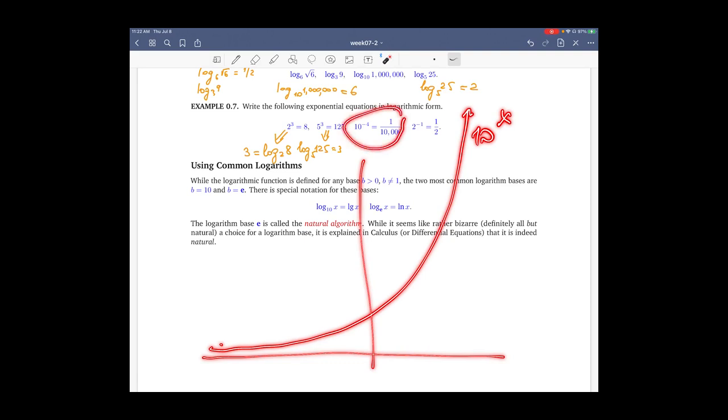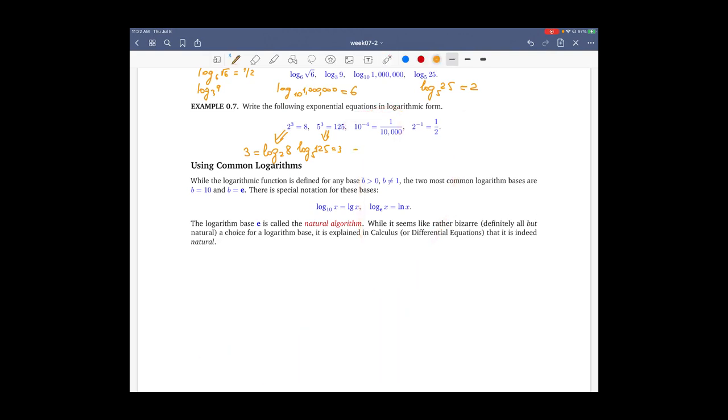And what this says is that at the point negative 4, the corresponding y value is 1 over 10,000. So that means negative 4 is the power that 10 needs to be raised to get 1 over 10,000. In other words, negative 4 is the logarithm of 1 over 10,000 base 10.